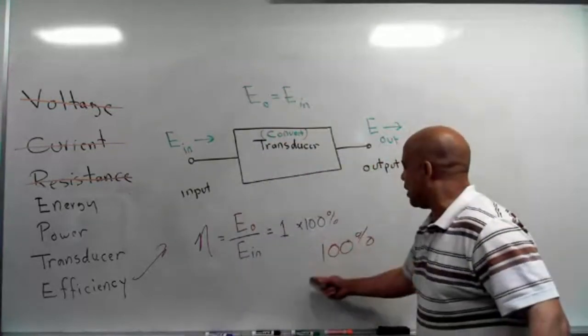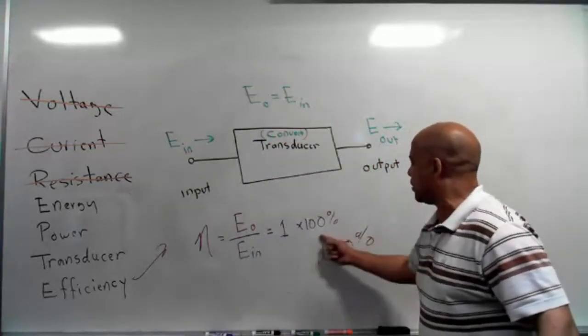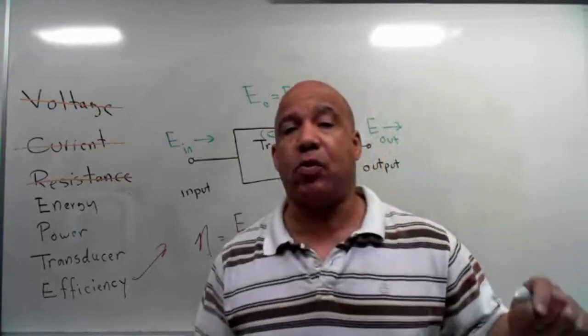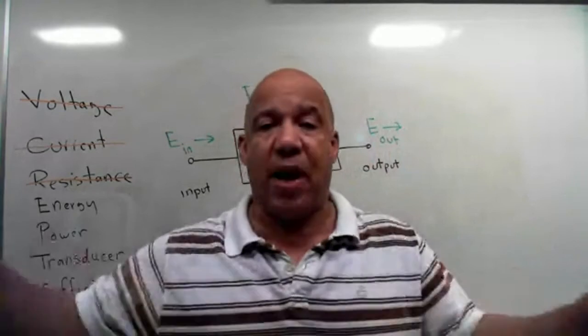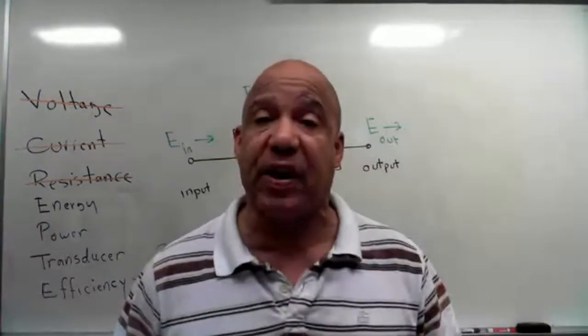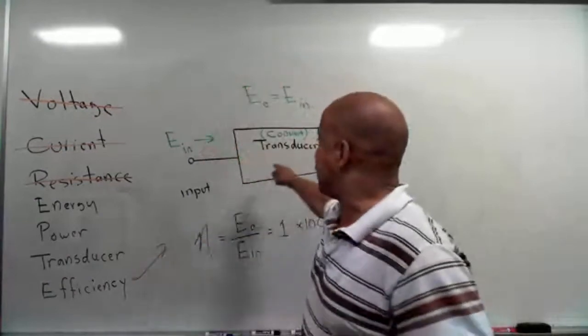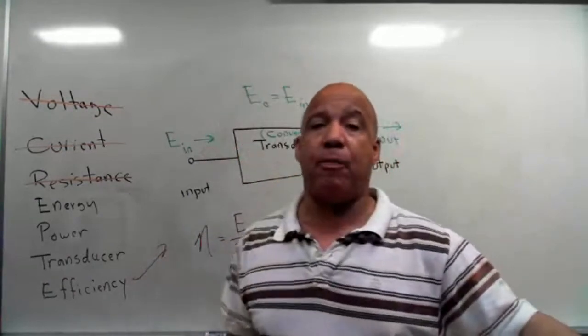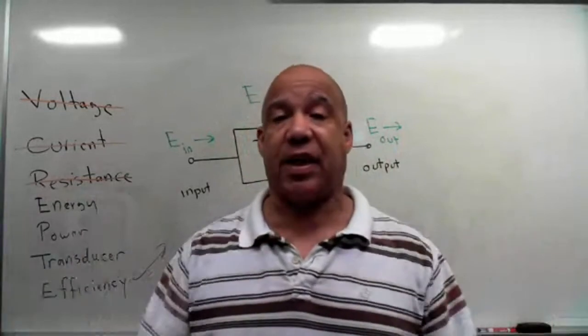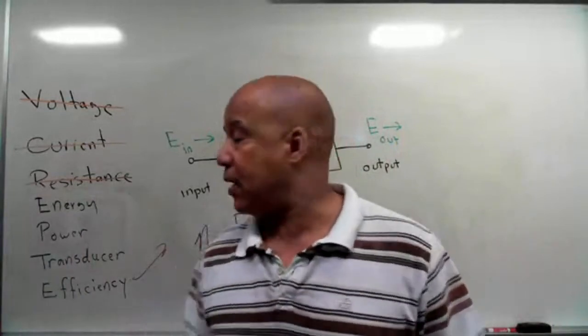So often we talk about efficiency in terms of percentages. When you talk about efficiency, it's always the efficiency of something, and the something we're talking about is a transducer. So when you use the word efficiency, you're implying that there's some kind of transducer. You just got to think about what you're talking about.